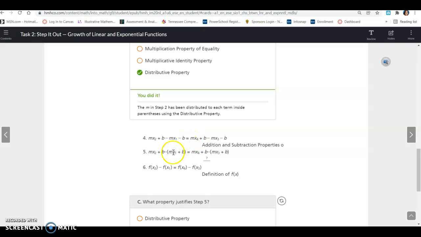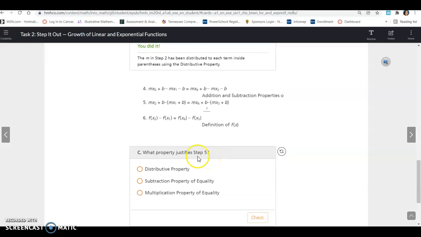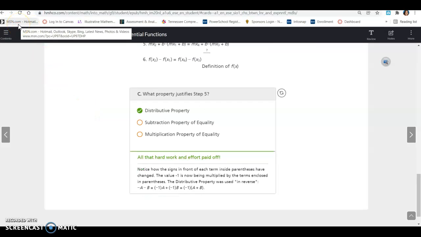You're just manipulating it, rewriting it. So from here, these both have a negative sign, and these both have a negative sign. So they're pulling out the negative using distributive property in reverse. So again here, same thing. For step 5, what property justifies step 5? That again is distributive property. All right, that's all for task 2. If you have any questions, please let me know.